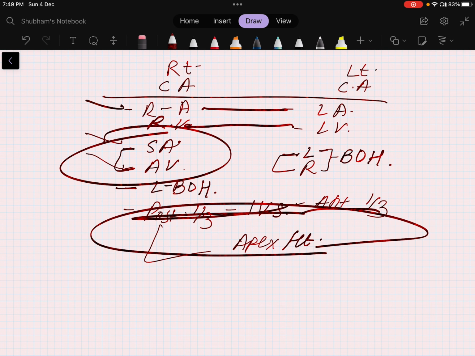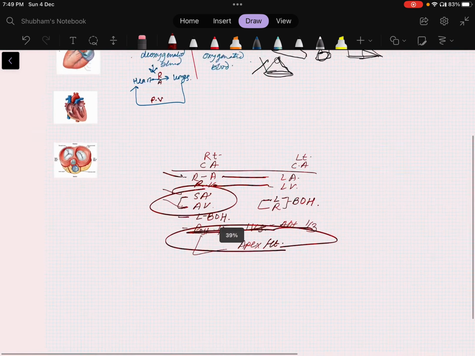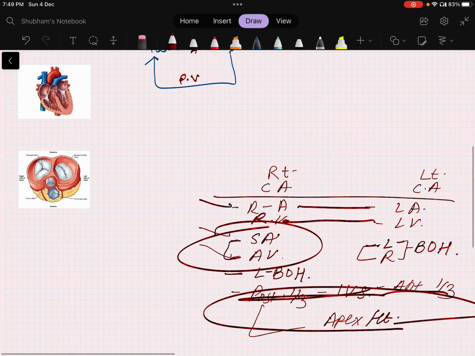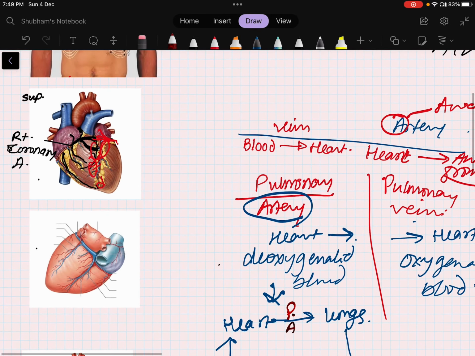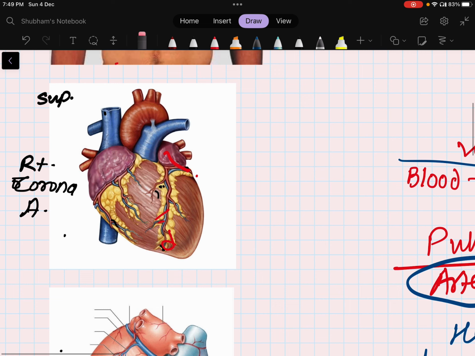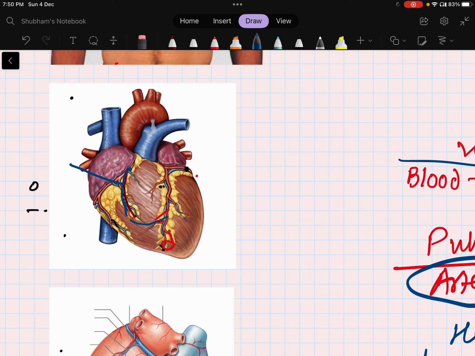So what about the veins? What about the veins of the heart? For the veins, we have the small cardiac vein. Then joining these two, we will have the marginal vein.